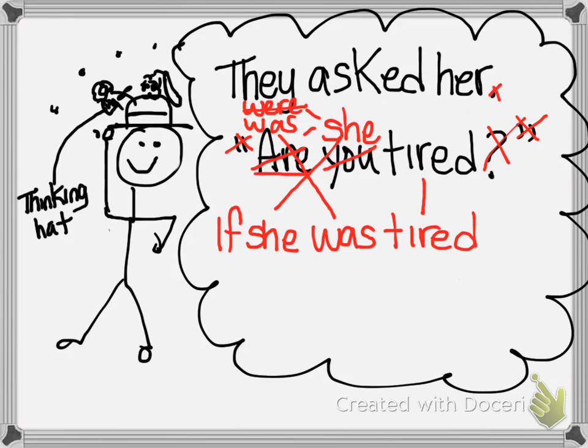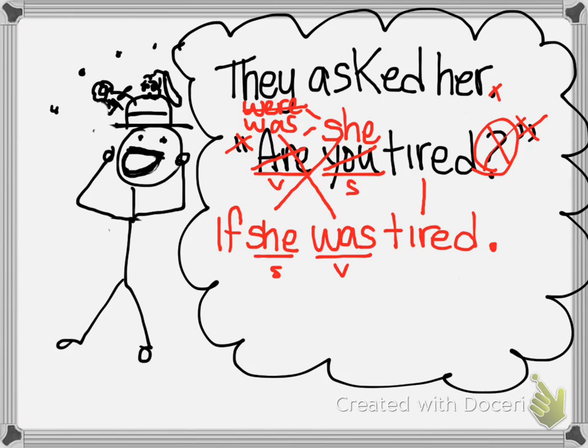We've got an auxiliary and a subject, or a verb and a subject, and they are switching places. For a question, we follow verb, subject, but for a statement, we follow subject, verb. I know, exciting, isn't it? Sorry, I got a little too excited. Let's look at another example.